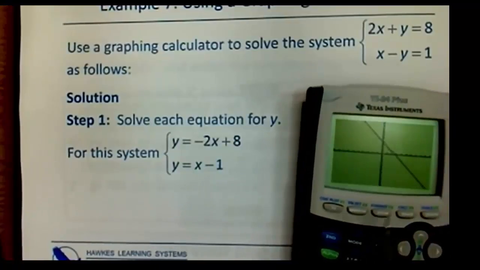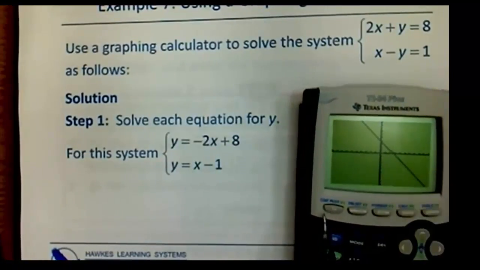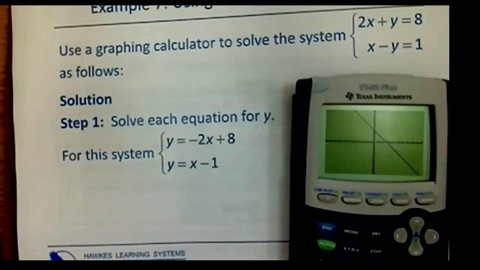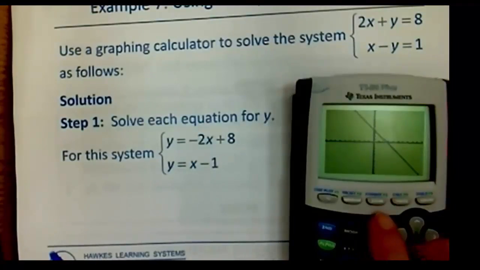Again, your keys at the top on here are your y equals, your window, and your window is what sets up your graph in here so that you can see where your lines end up crossing. Next to it is zoom. Zoom lets you do exactly what it says, zoom in, zoom out.